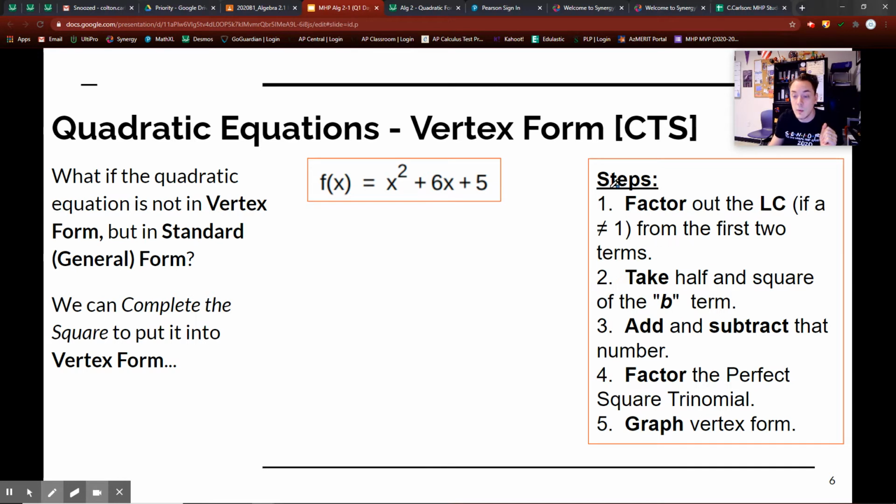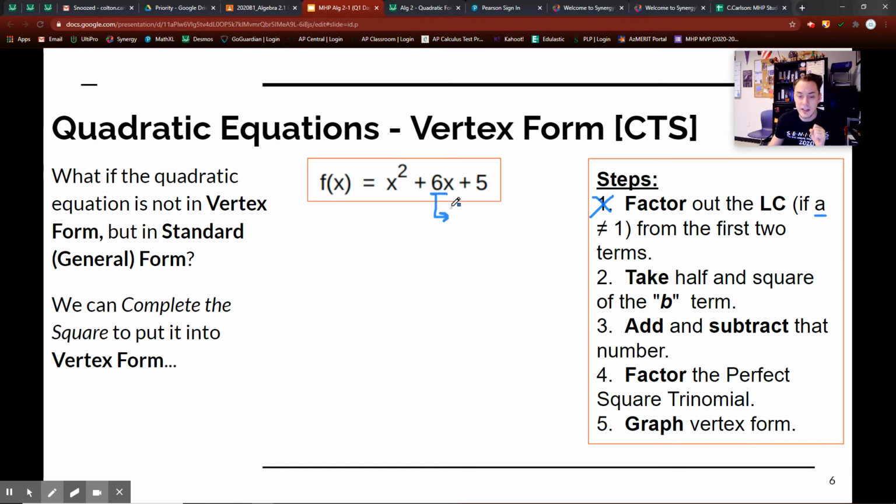This is in standard form. My first step says factor out the LC, which is the leading coefficient, if A is not equal to 1. A is that value before your x here, well, clearly A is 1, so that means this step does not apply. I'm not going to factor out a 1, because when I factor out a 1, I just get everything else. So let's go to step 2. Take half and square the B term. So take half of and then square the B term. So let's look at that, okay?